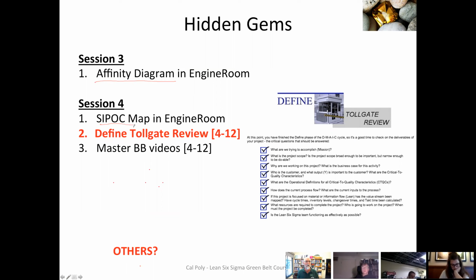I also want to highlight a feature, the define tollgate review. At the end of every one of these DMAIC process steps, define, measure, analyze, improve, and control, there's going to be a tollgate at the end. Maybe what you want to do is go straight to the end of the session you start.